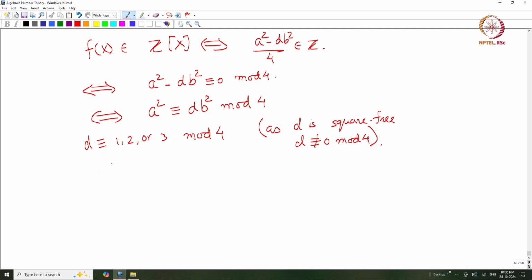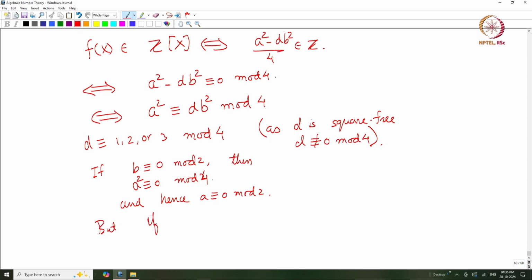So, okay, anyway, let me continue. So, if b is congruent to 0 mod 2, then a is congruent to 0 mod 2, right, because, okay, let me write it like this. Then a squared is congruent to 0 mod 4, and hence a is congruent to 0 mod 2, right.